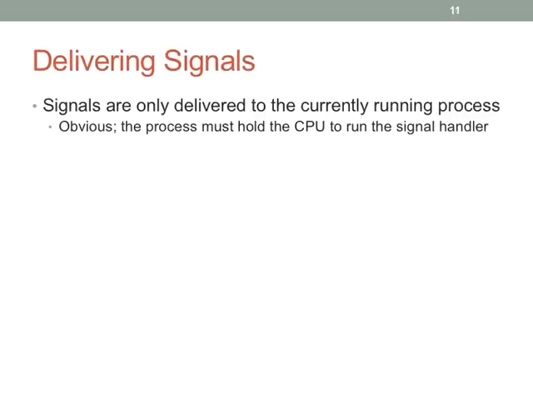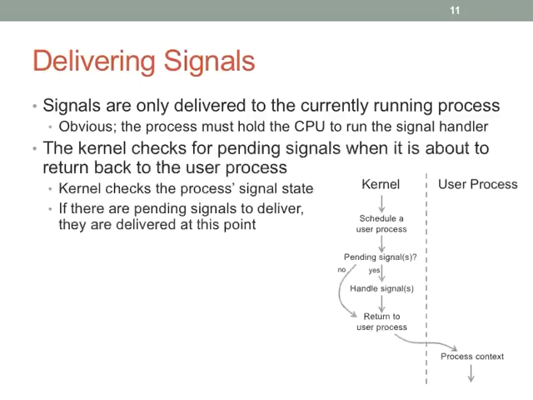When you need to deliver a signal, clearly that process that's receiving the signal needs to have the CPU. Because if it doesn't have the CPU, then we can't actually do anything on its behalf. So that's the reason for that. And basically, remember that we typically have scheduled process switches.